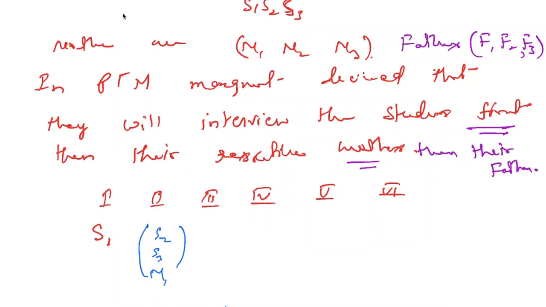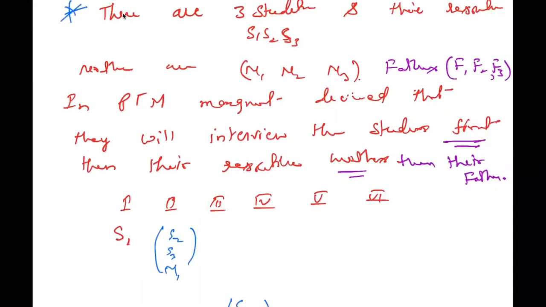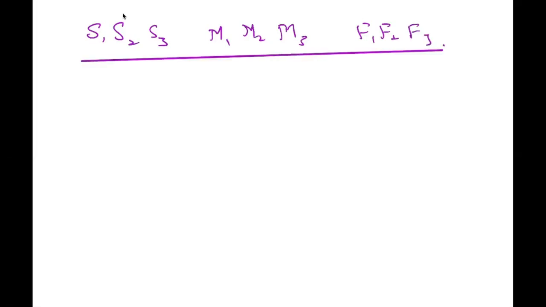We have to interview the 9 persons, S1, S2, S3, M1, M2, M3, and F1, F2, F3, with a specific order that Si will be ahead of Mi, will be ahead of Fi.